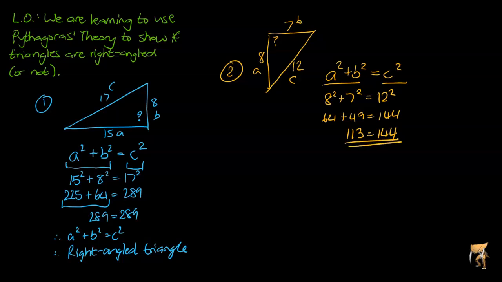Now these two numbers are different. And that tells us, so therefore, a squared plus b squared does not equal c squared, and therefore it is not a right-angled triangle.